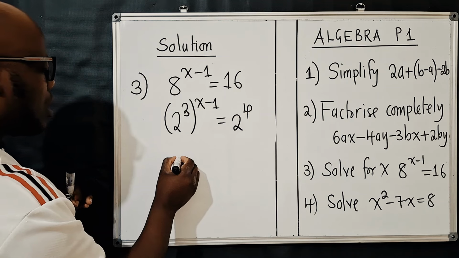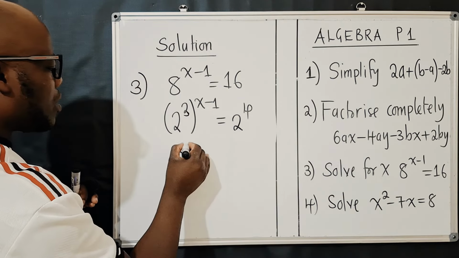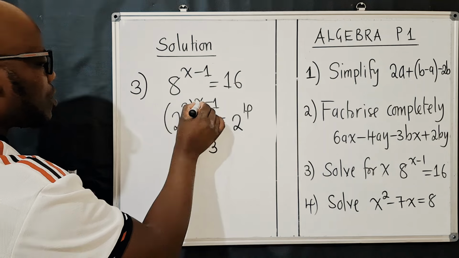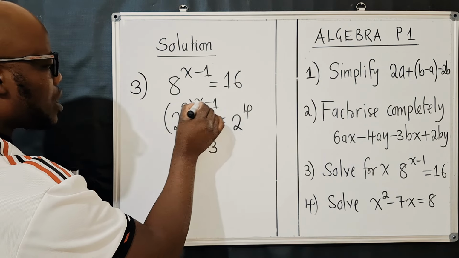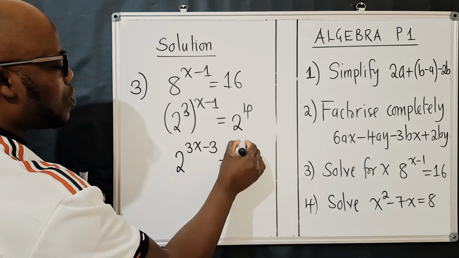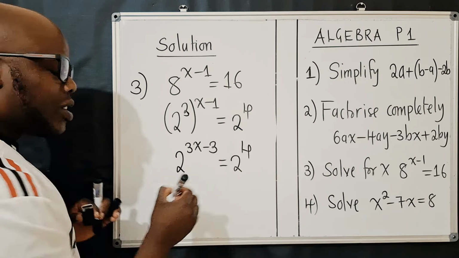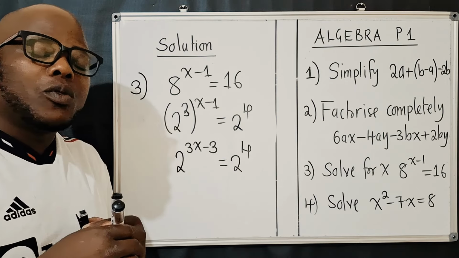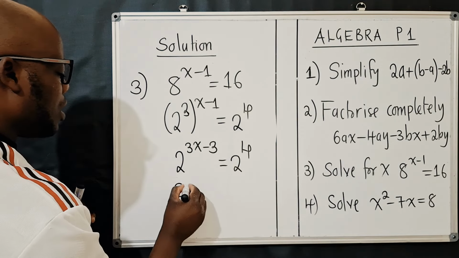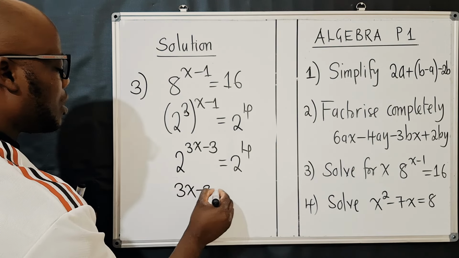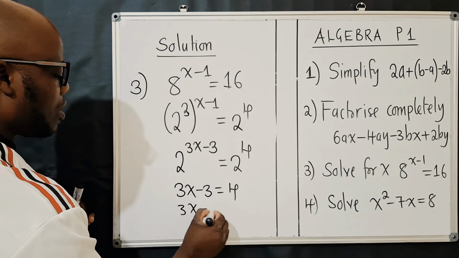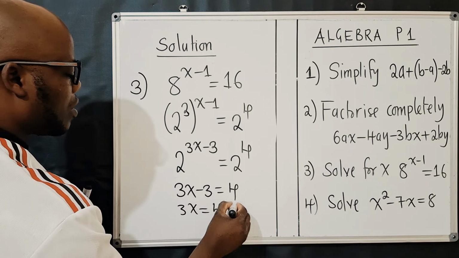So here, using the laws of indices, power to power, we multiply. So this 3 times x, it's 3x. 3 times negative 1, it's negative 3, which is equal to 2 power 4. Now that the bases are the same, we've balanced the bases. We now go to the powers. 3x minus 3 is equal to 4. 3x is equal to 4 plus 3.